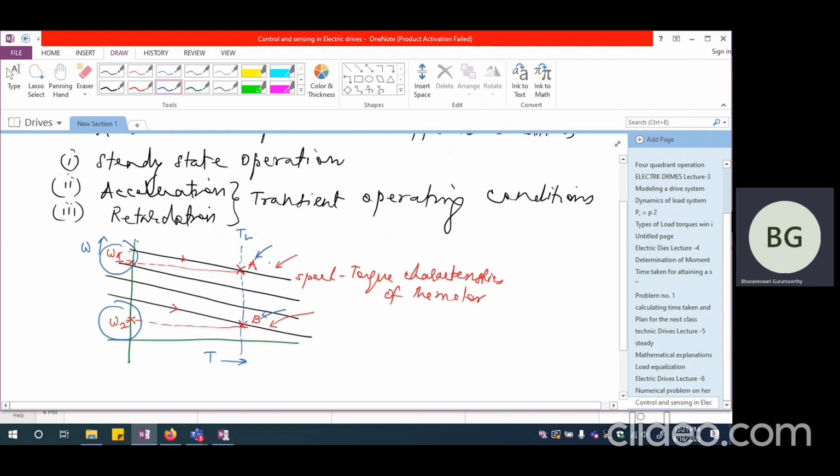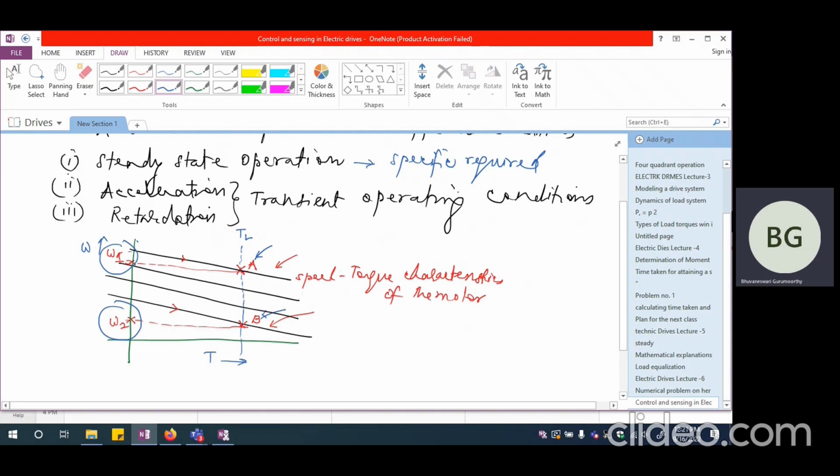So I should be able to achieve a specific speed or a required speed by setting my requirement properly in my control loop.